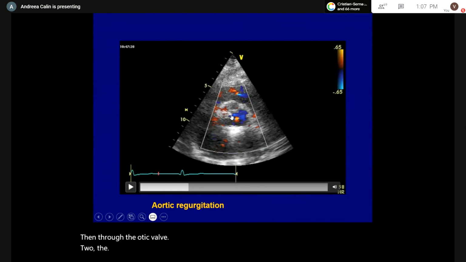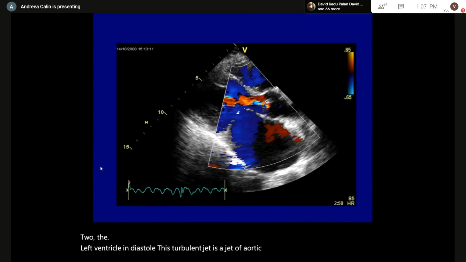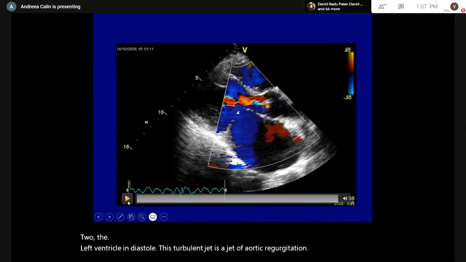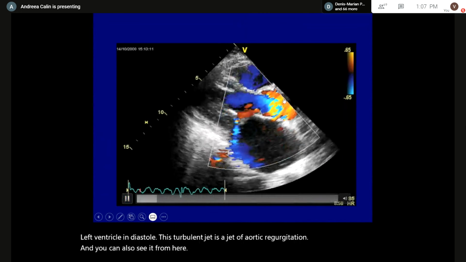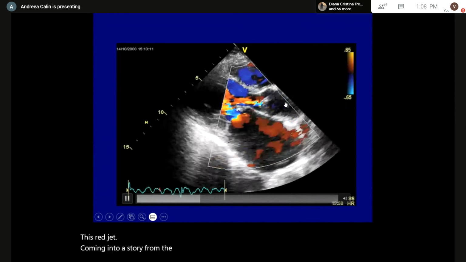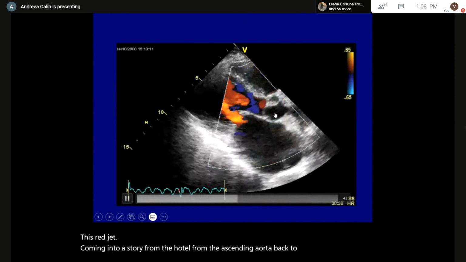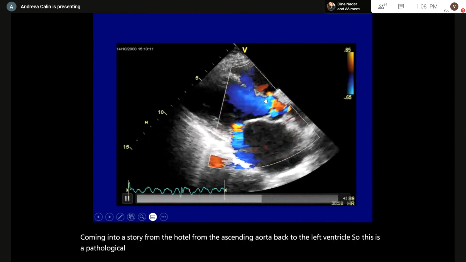In diastole, this turbulent jet is a jet of aortic regurgitation. And you can also see it from here, this red jet coming in diastole from the aorta, from the ascending aorta, back to the left ventricle. So this is a pathological flow of aortic regurgitation.